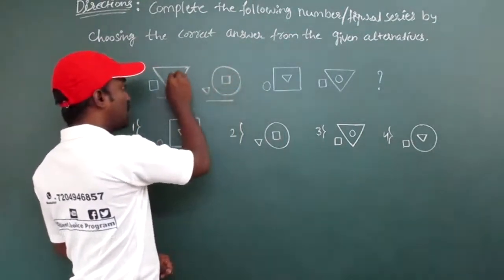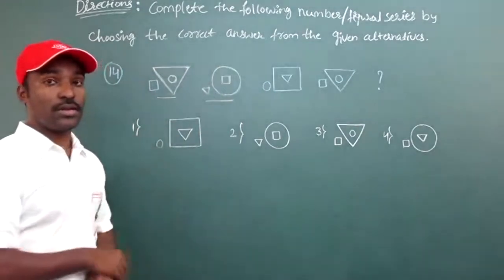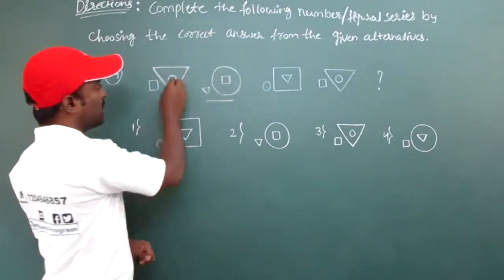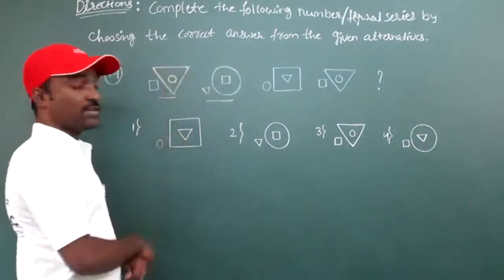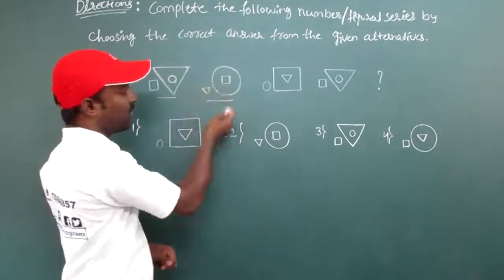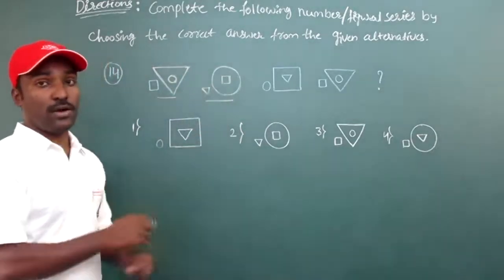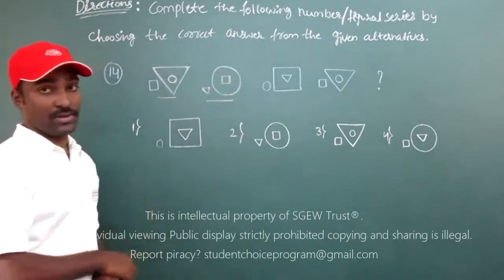The inner circle is drawn as outer circle. This is the inner shape or inner circle that has been drawn here, and in the second figure that becomes the outer shape or outer circle.